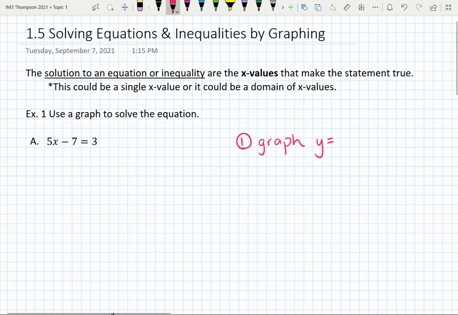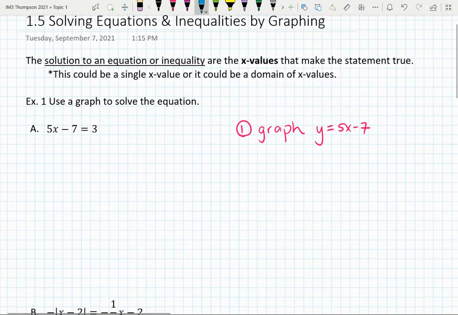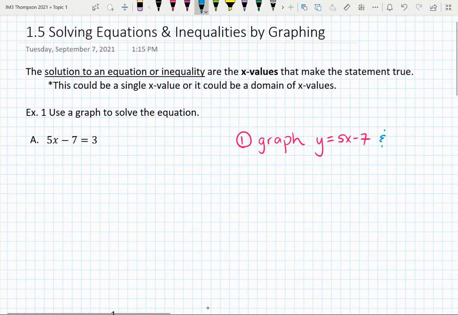I'm going to take y equals this side of the equation, 5x minus 7. And I'm going to graph y equals the right side of the equation, which is 3. I'm going to put both of those equations on the same coordinate plane and then find out where they intersect.